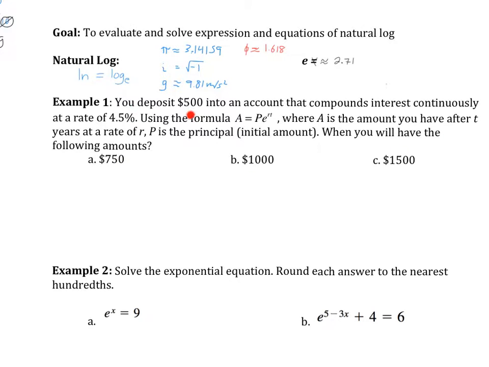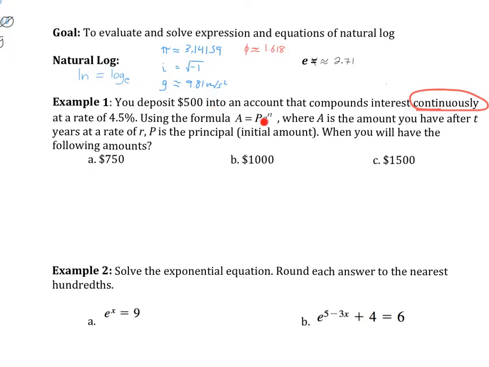So you deposited $500 into an account that compounds interest continuously. Compounds interest continuously. What's that mean? Not every second, not every minute, not every day, not every hour, but every moment. It just always keeps compounding. At the rate of 4.5%.